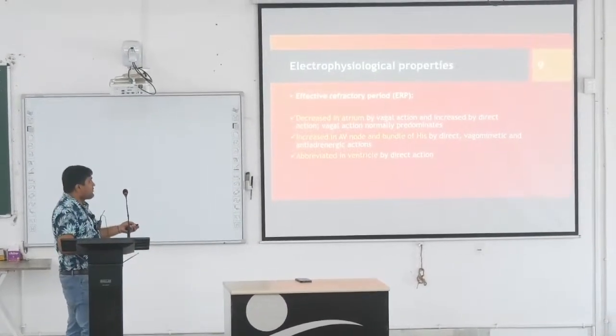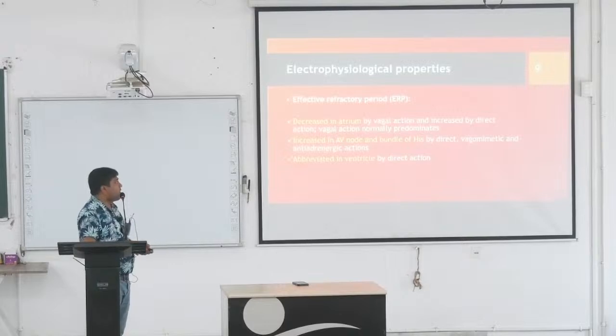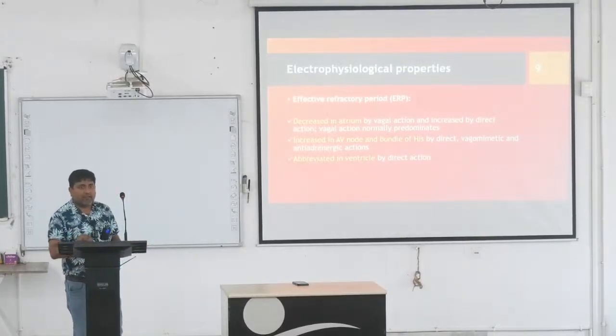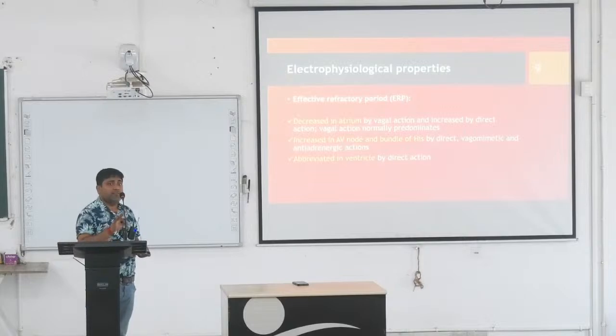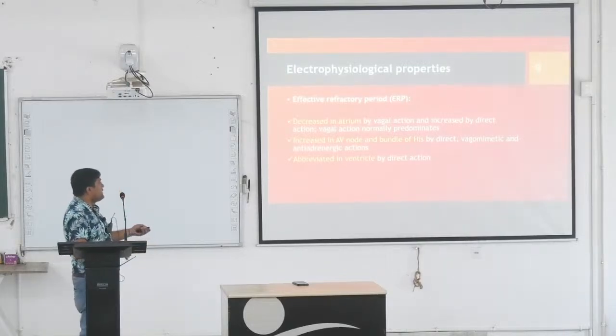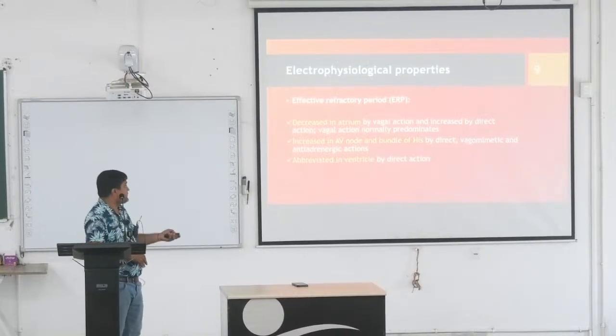The effective refractory period in the AV node and the bundle of His is increased because of the direct action, vagal action, and the anti-adrenergic action. In the ventricle, it is decreased by the direct action.